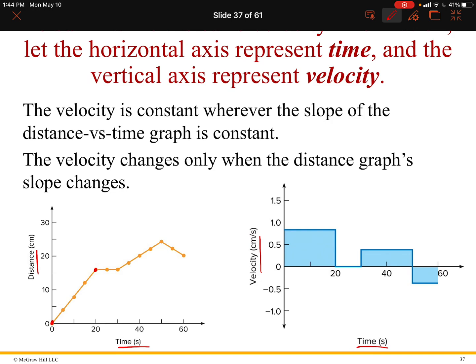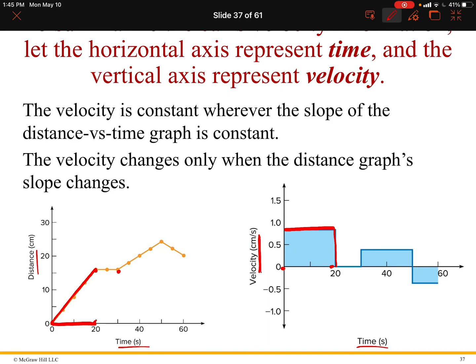Okay, so if we were to do the slope here again, then we could find a value, and that is a constant velocity from 0 to 20 seconds. So whatever you found the slope to be is going to be on the velocity, the y-axis. And then of course the time just stays the same, so 0 to 20 seconds.